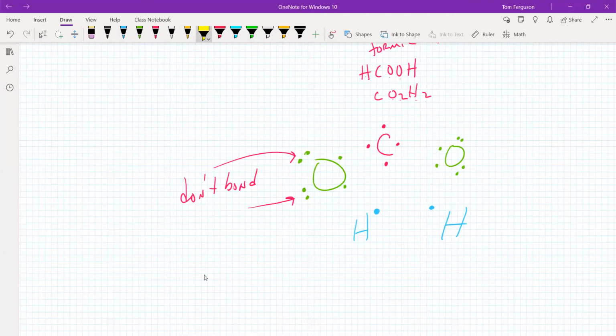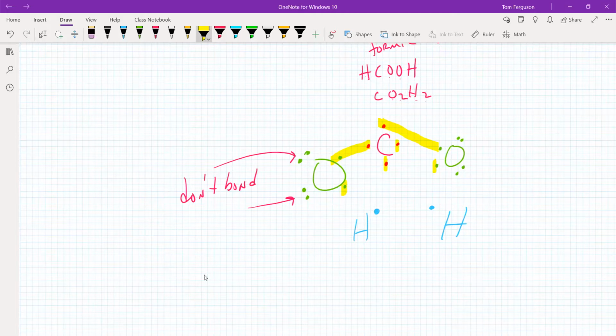Okay, so let's connect up. And we have to connect up the hydrogens yet. We haven't connected up the hydrogens. Let's connect the hydrogens. This hydrogen here can connect here, or here, or here, or here.